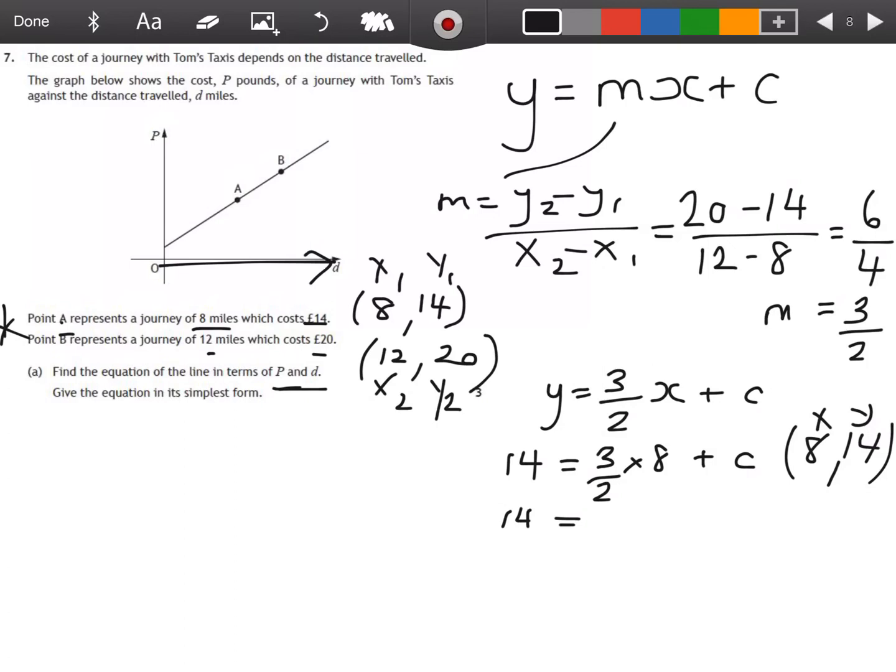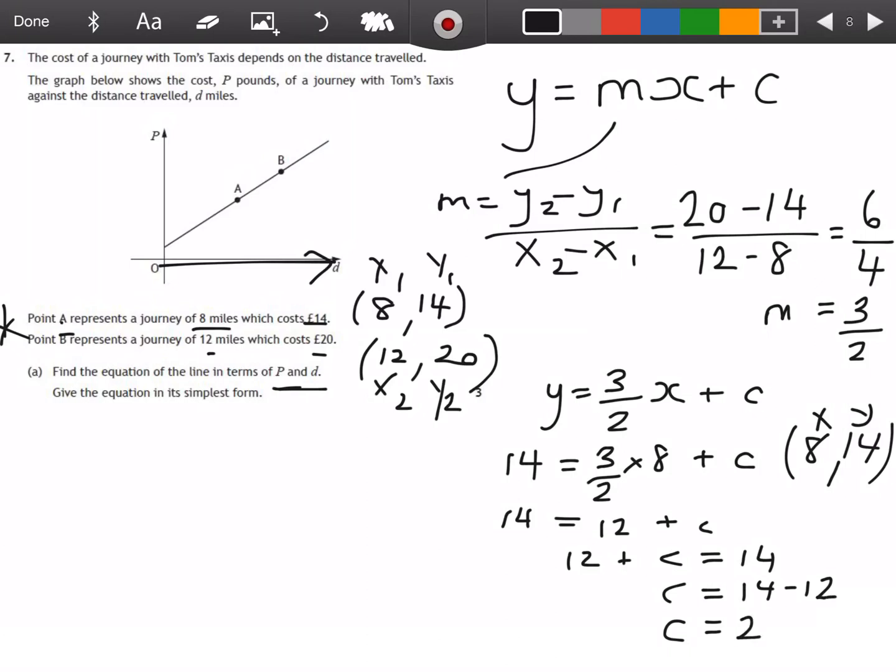It doesn't matter which order you do that in. I'm going to do 3 times 8 divided by 2. 3 times 8 over 2. 24 over 2, it's 12 plus c. Basically that says 12 add c is 14. What's c then? 14 take away 12, c is 2.